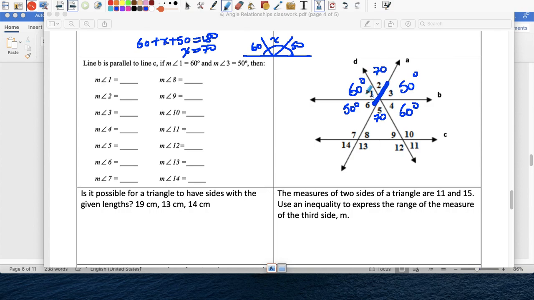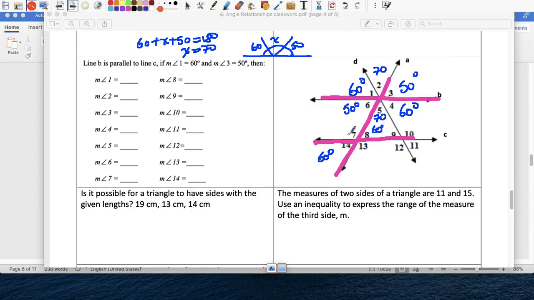Now let's look at the transversal, right? Here's my transversal. I'll change colors. If you focus on this transversal only, we know that angle 6 is 50, which makes angle 14 60. Why? Because they're corresponding. Now that this is 60, I know angle 8 is 60.